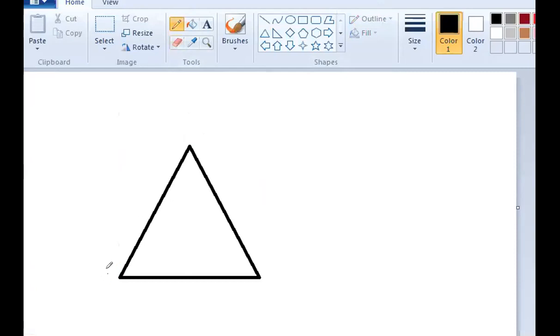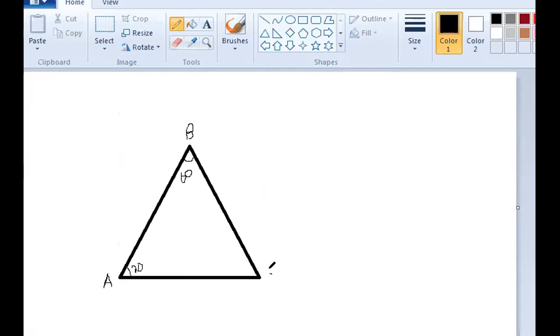In which three angles have to be considered: angle A, which is given as 20 degrees, then angle B, whose size is also given, that is 60 degrees.